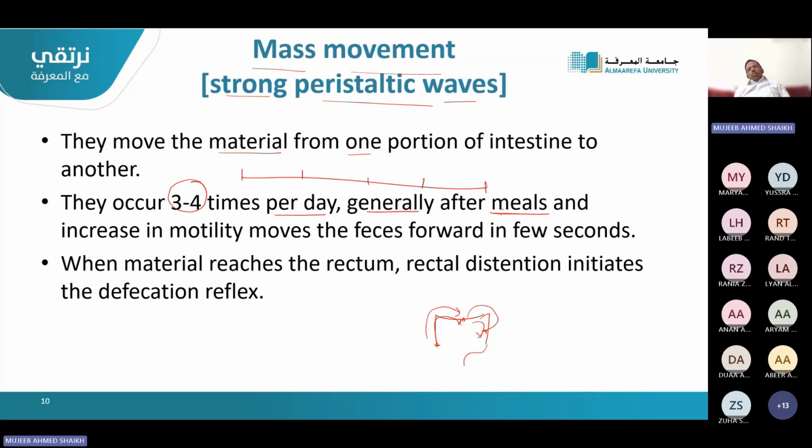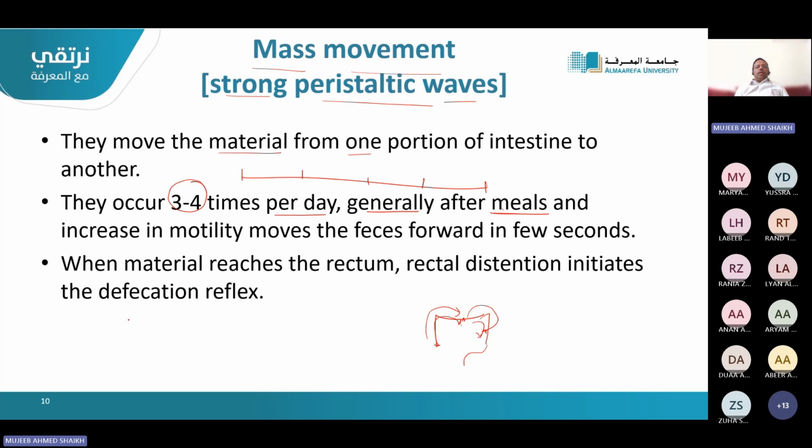That's why once you eat a meal, you feel as if you are going to the bathroom, or a reflex will start. Why does this reflex start? It is not starting because you eat the food. No, it is the initial food which was there. Because of the presence of the food or the peristaltic wave, it is causing the feeling of defecation, or feeling of going to the bathroom. That's why it occurs around after every meal.